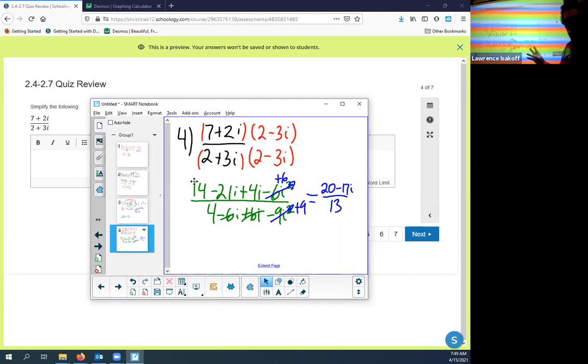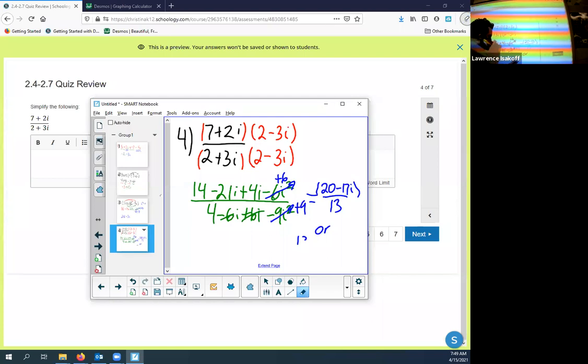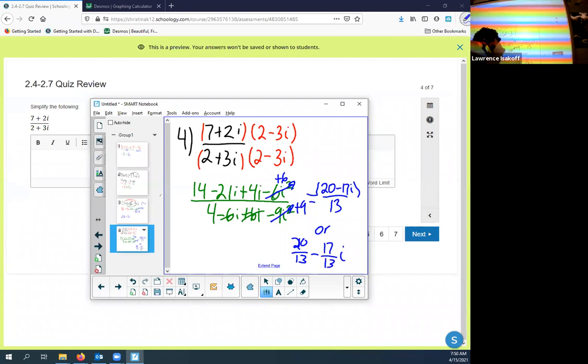So here with this, there are 2 ways to write it. You can put parentheses like this and make it one big fraction, or I've seen many of you are liking to do it this way, write it as 2 different fractions. It really doesn't matter. You could write it as 20 over 13 minus 17 over 13i. I don't care which way you like to write it.